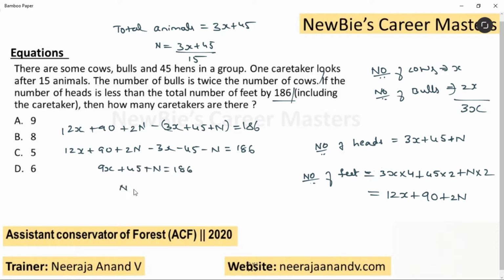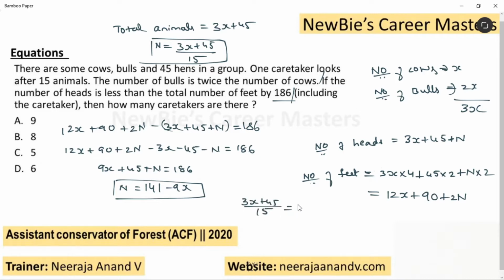Let's get the n value. n is equal to, send this 45 to this side, you get 141 minus 9x. See, we have the n value here and here. We can equate these two values. We get (3x plus 45) divided by 15 is equal to 141 minus 9x. Okay, newbies, simplify this equation and get the value of x.